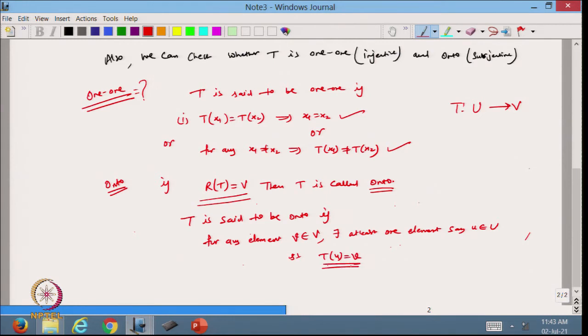If that is true, then we say that this linear transformation T is onto.